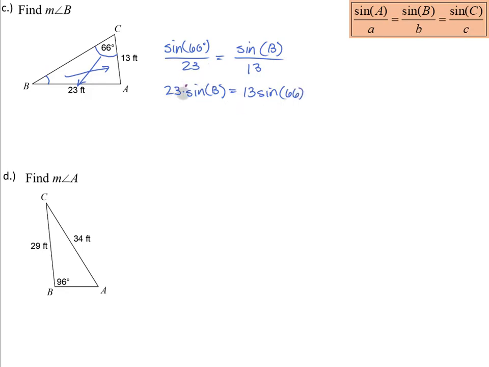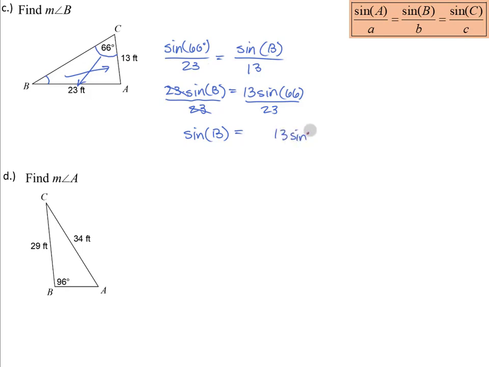Okay, well, I need to get sine of B by itself, so we're going to divide away the 23. And then lastly, to get B out of the sine function, like we did before, we need to use the inverse sine. So I'm going to leave a little bit of space so I can write that over here as well.